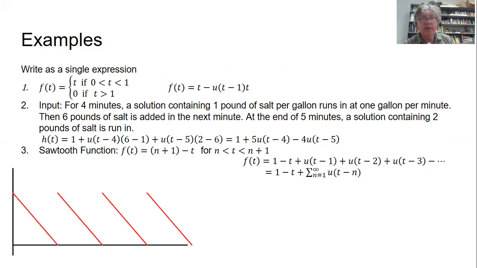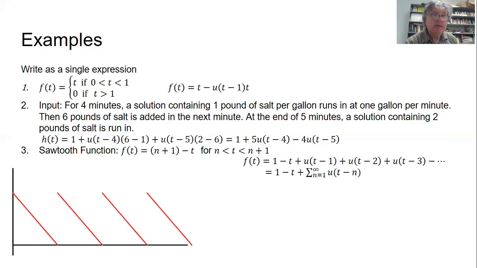And then at 1, we want it to go to 0, so we just subtract t at 1. So the way to do that is you do minus u(t minus 1) times t. And you just check that when t is less than 1, u is 0, so you just get t. And when t is greater than 1, you've got t minus t.